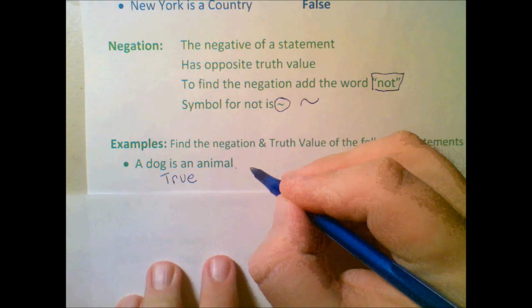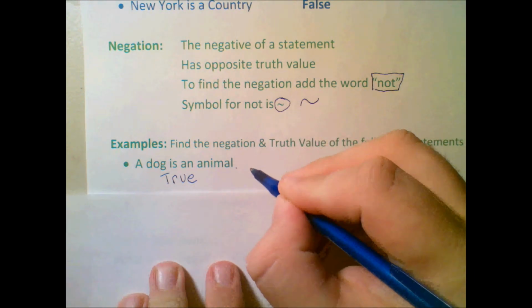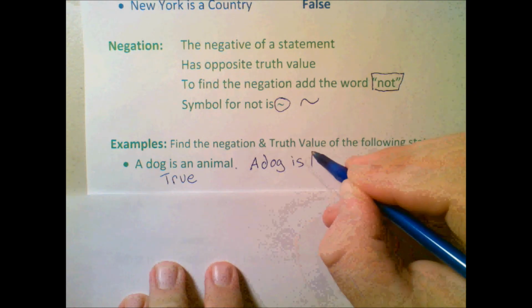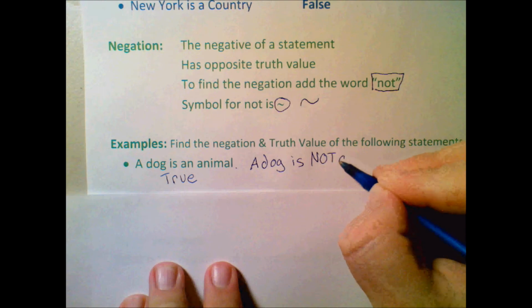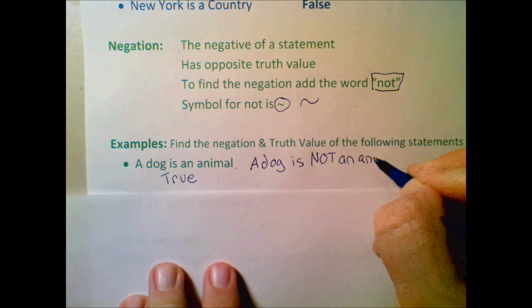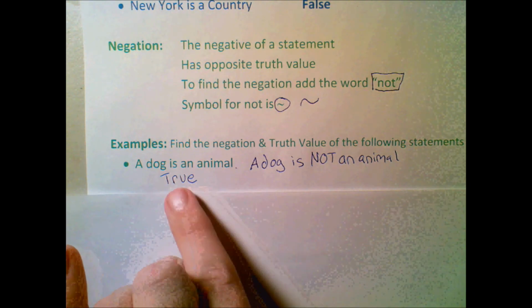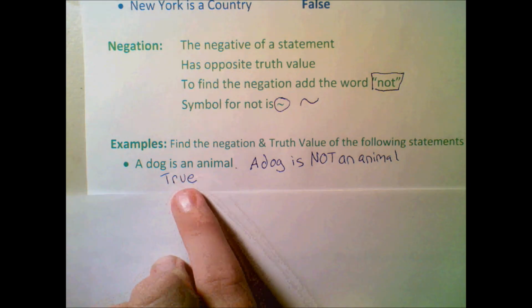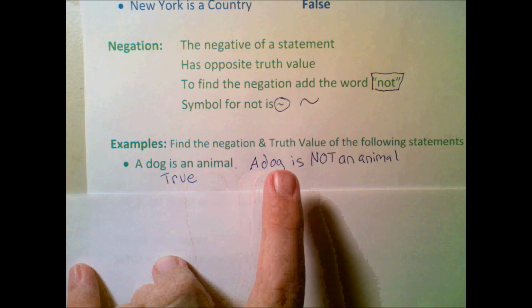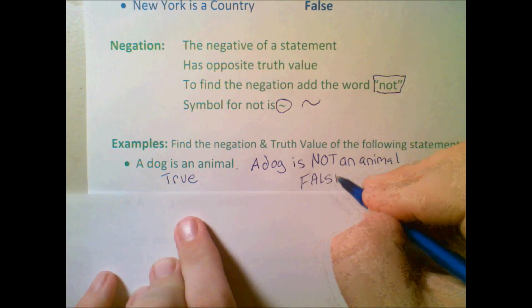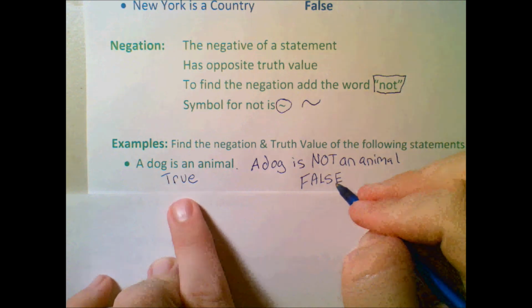So therefore, the negation of the statement a dog is an animal is a dog is not an animal. Now, to figure out the validity of that statement, think about it this way. If the original statement a dog is an animal is true, then a dog is not an animal has to be false. Remember, it's always going to be opposite.